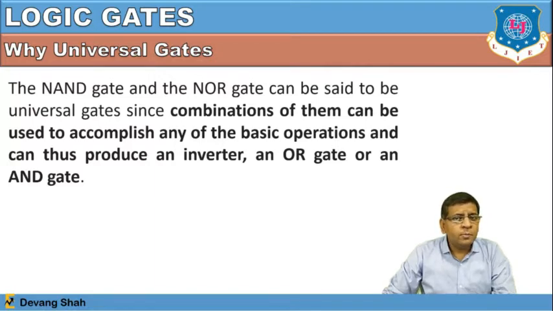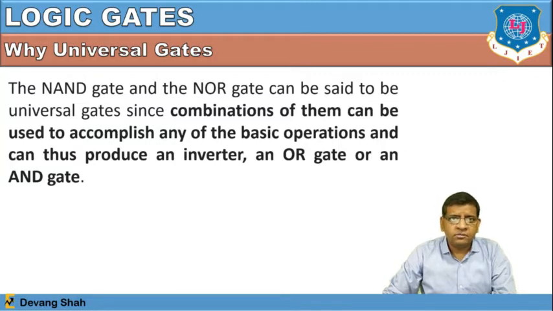So for the complete digital electronics, if you want to realize any digital circuit, or implement any Boolean function as part of a digital circuit, you have to realize three basic gates: AND, OR and NOT, right?